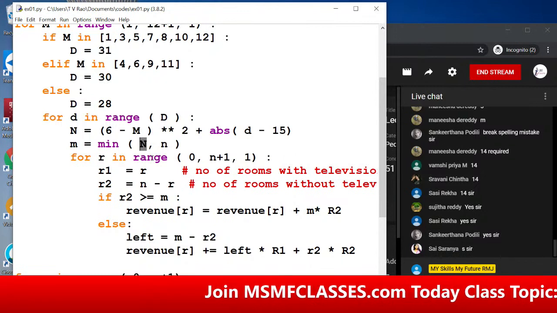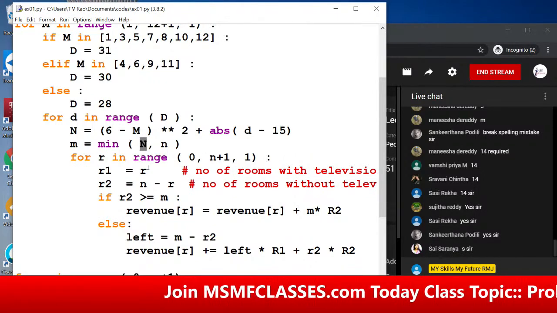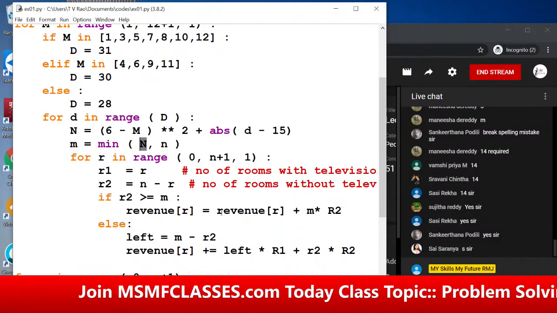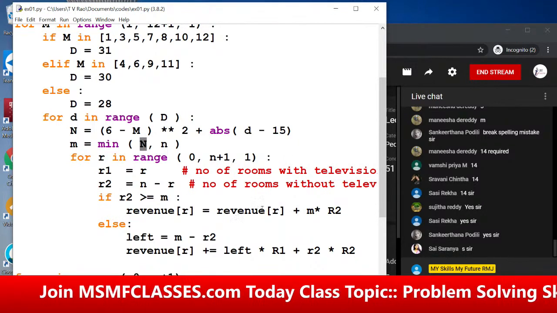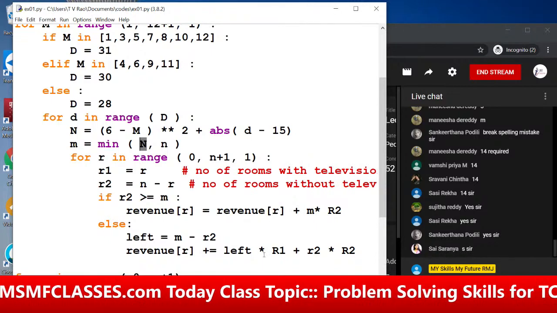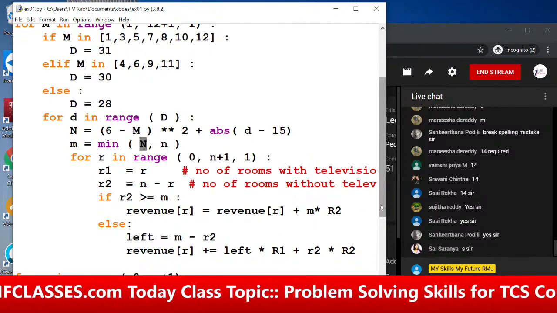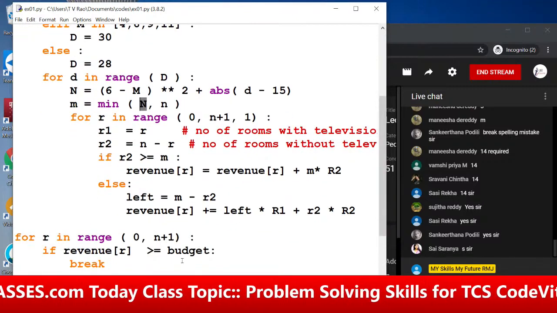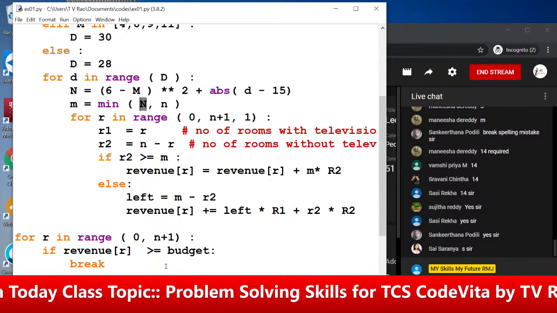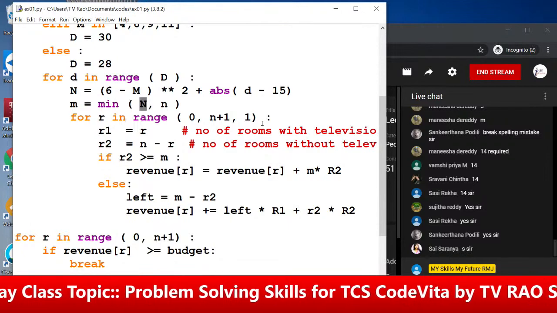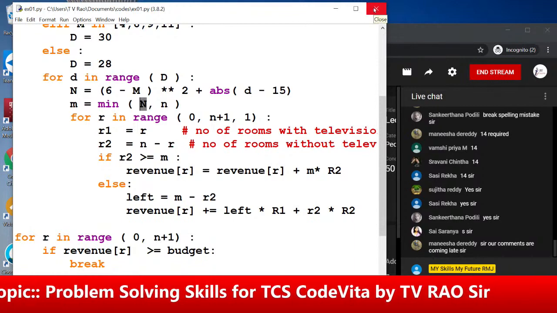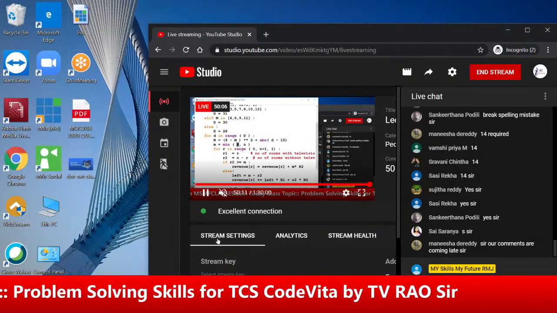Number of rooms with TV are 0, and slowly we increase. This is revenue for non-TV rooms, and revenue for TV rooms and non-TV rooms together. When revenue is more than budget, you stop. Okay then. Next.